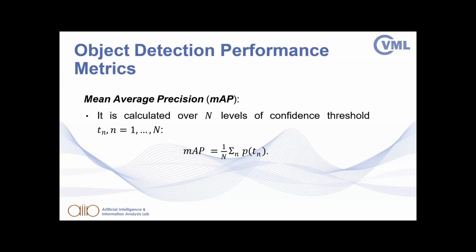This average gives us the mean average precision, which summarizes the model's overall detection and classification accuracy across the different levels of certainty. A higher mean average precision value indicates a model that performs well across a range of confidence levels, which makes it more reliable in real-world scenarios.